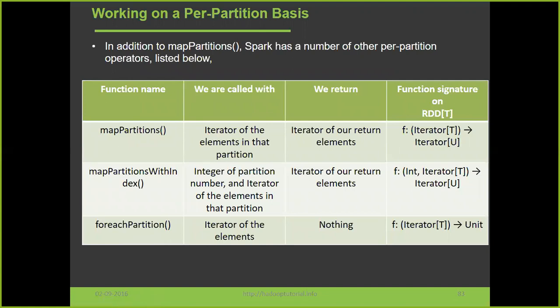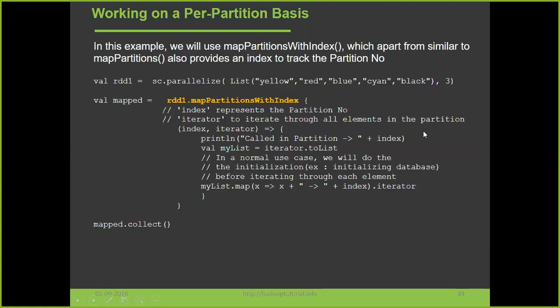Iterator means a collection of elements. Obviously, an RDD is nothing but a collection of elements, and a partition is obviously another collection. The same thing you can process. One good thing is that by default you will get an iterator on this.